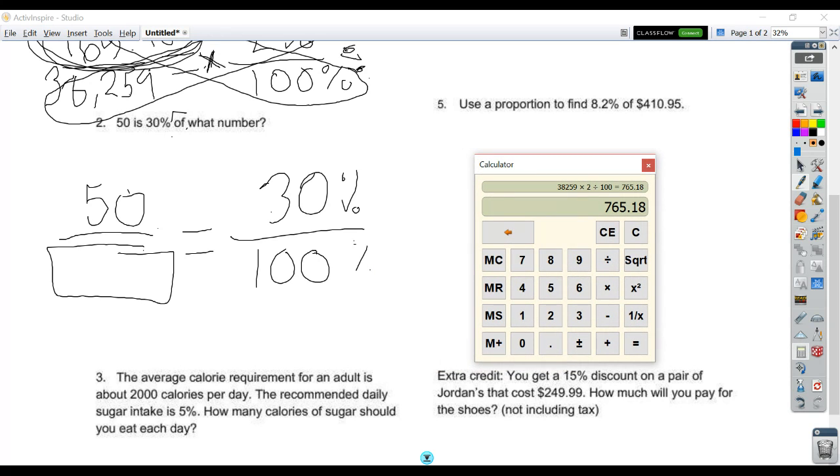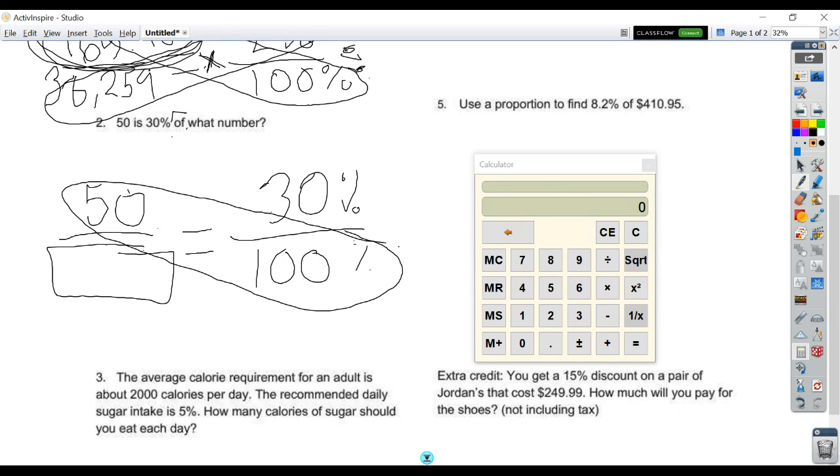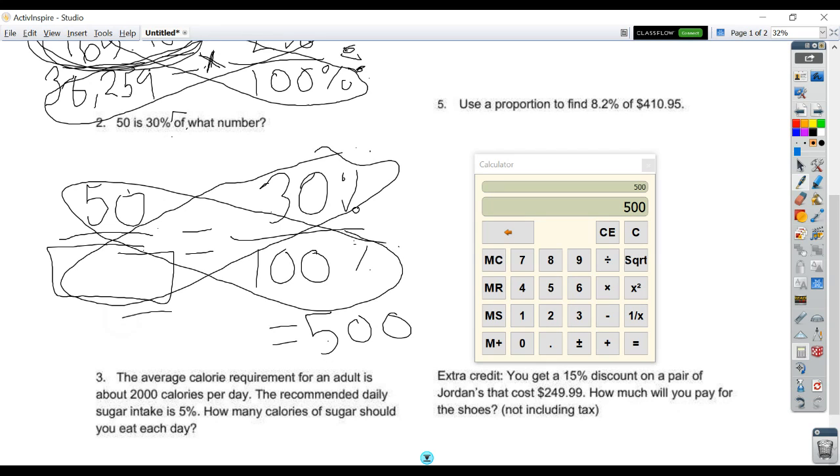Again, we could divide 30 divided by 100, and we find that 0.3 and do the same thing on the other side. Or we can cross multiply, because when we cross multiply, we get the same product. 50 times 100 will be 5,000. So this is going to be 5,000 will be equal to some number times 30.